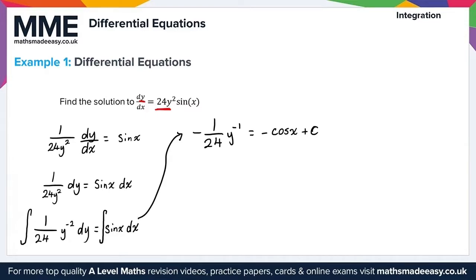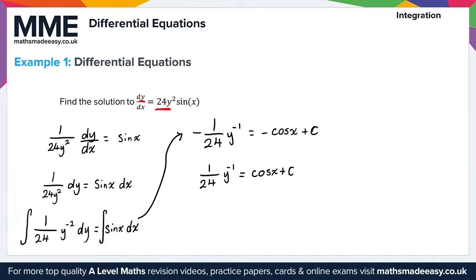Now here, as this is minus 1 over 24 y to minus 1, and we have a minus cos x here, simply all I'm going to do now is just times through by minus 1 to get everything positive. So therefore we get 1 over 24 y to the minus 1 is equal to cos x plus c. Okay, and we're going to keep the plus c as positive here because remember this plus c here is an arbitrary constant.